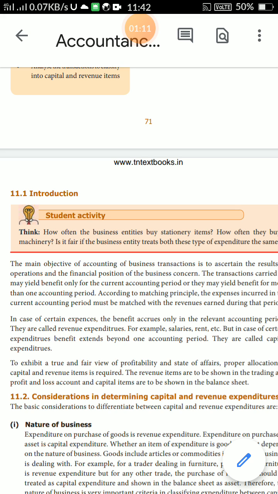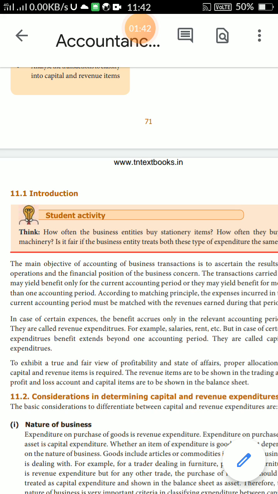But in the diminishing method, every year you automatically calculate a new depreciation value. The two important methods are the fixed method and the diminishing balance method. Diminishing means every year the value is reducing.